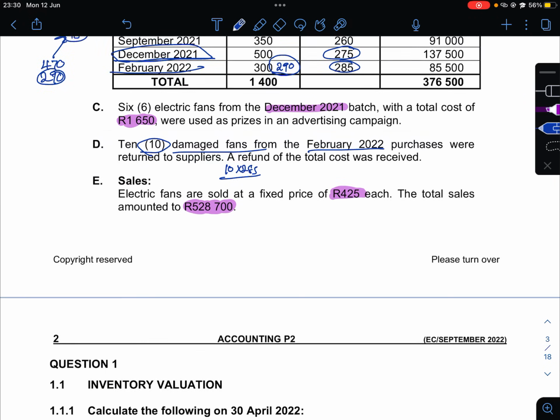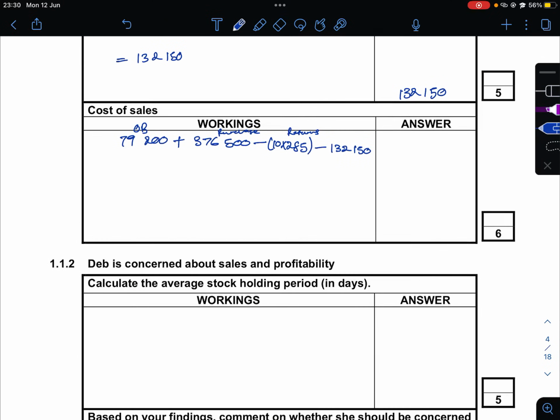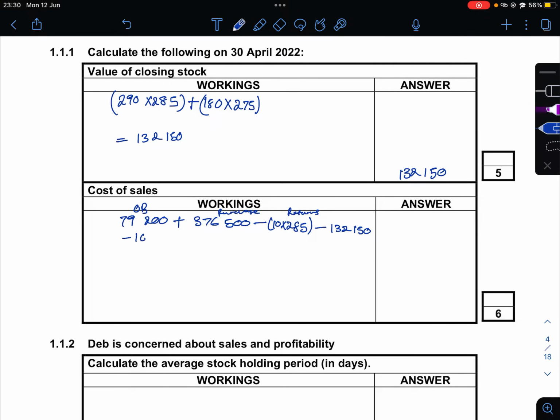But there's a piece of information here, number C. It says 6 electric fans from the December 2021 batch with a total cost of 1,650 were used as prizes in an advertising campaign. We're going to include this because it's not really a sale, but we used some stock. We utilized our inventory on activities that the business uses to advertise. So that is minus 1,650.